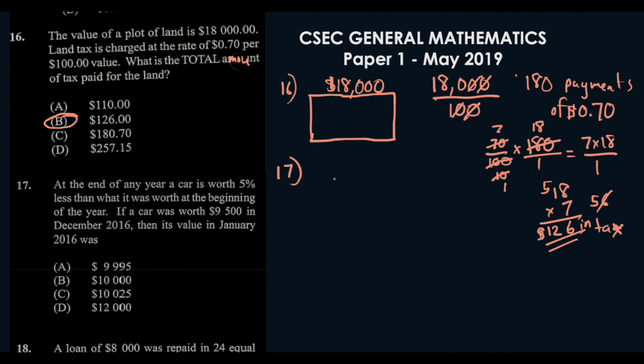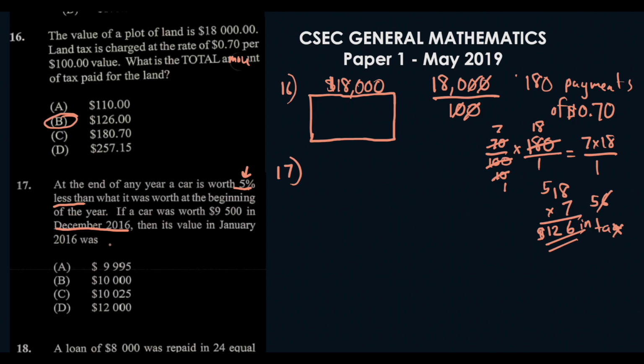At the end of any year, a car is worth 5% less than what it is worth at the beginning of the year. So 5% less. Fancy word for that is depreciation. So it's depreciating. So if a car was worth $9,500 in December, that's the end of the year, then its value in January 2016.